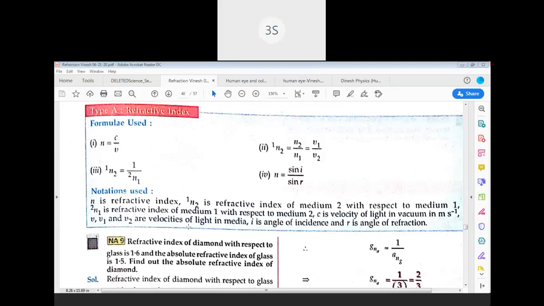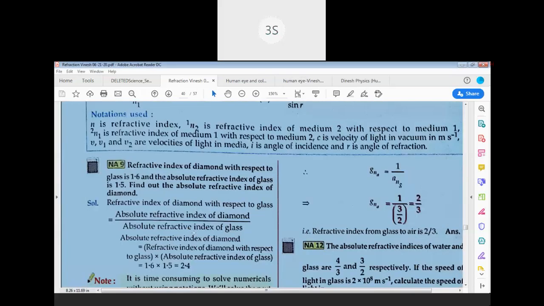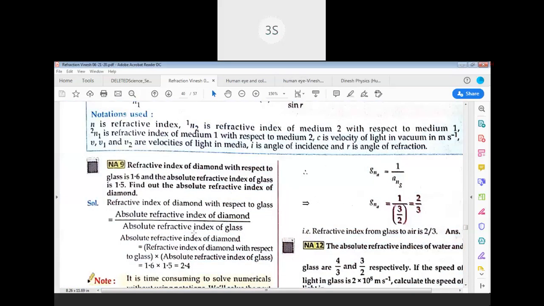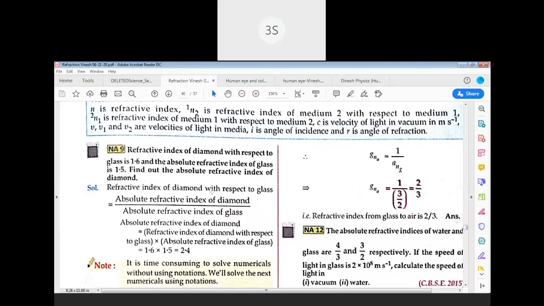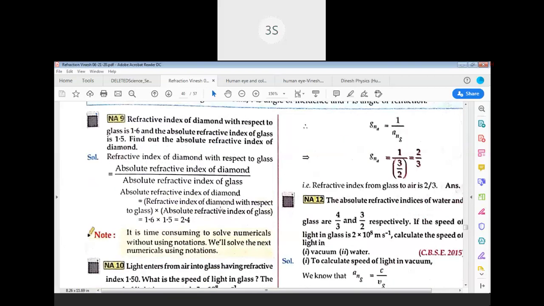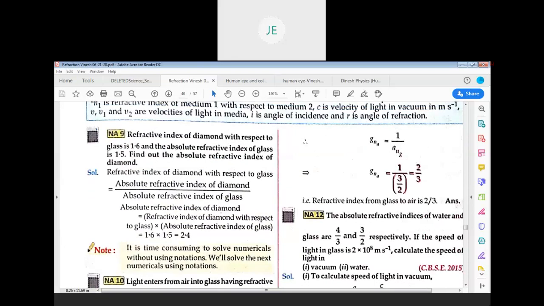The speed. What is the answer? Sir, speed is 1.25 into 10 to the power 8. I think they are asking the absolute refractive index, not the speed.